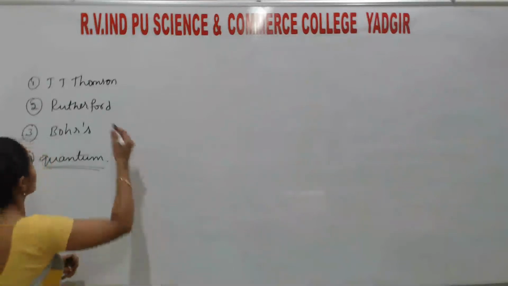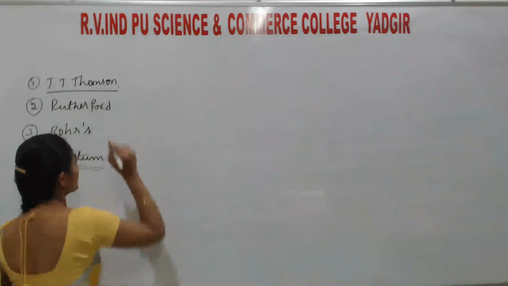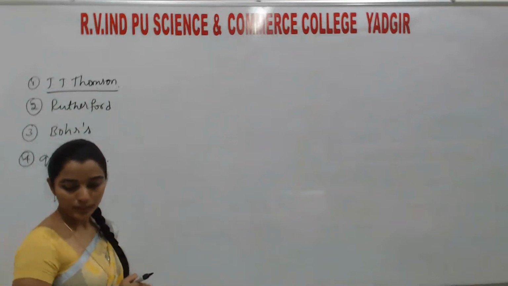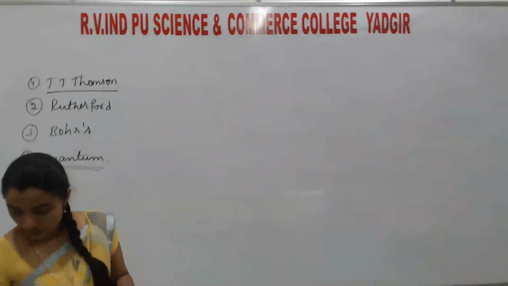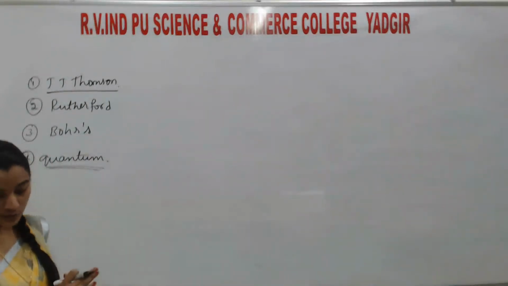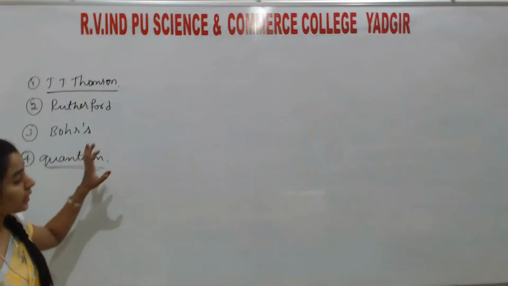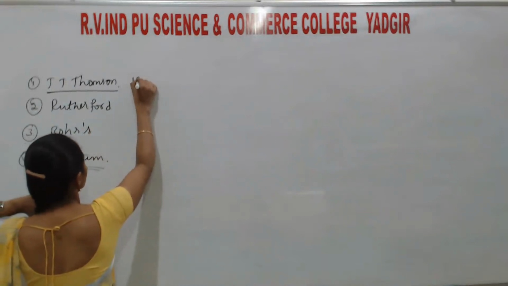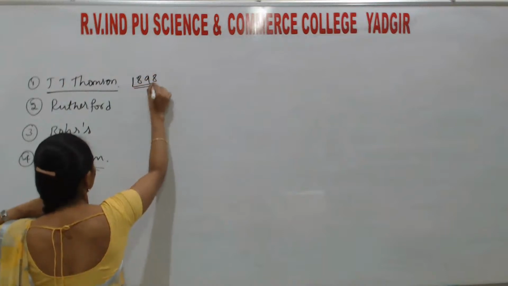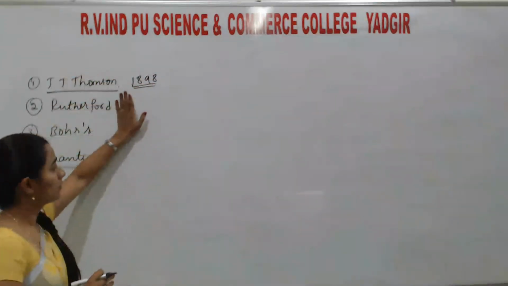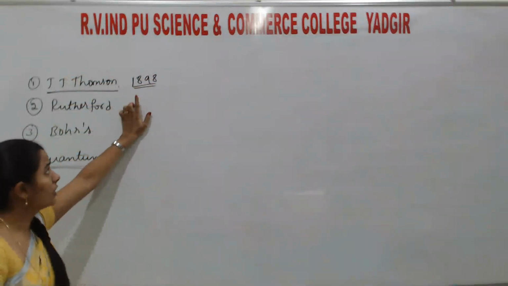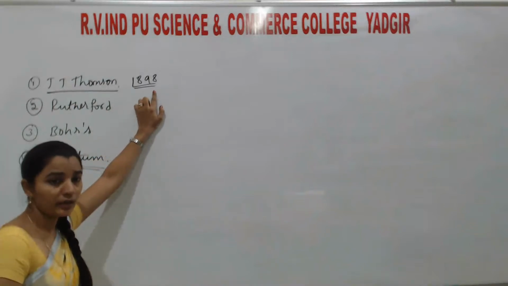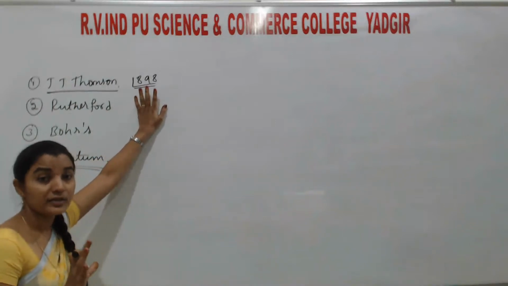Okay, so listen, I'll explain the J.J. Thomson model first. In 1898, he proposed this atom. Listen, in 1898, the neutrons were not yet discovered.